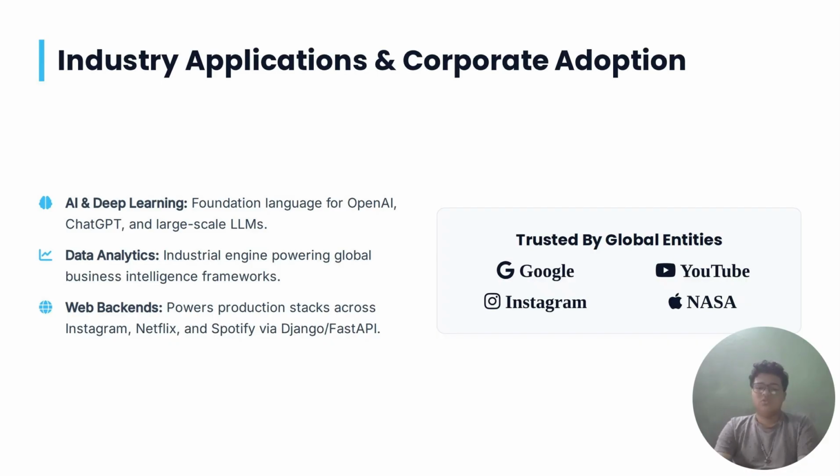Don't get confused. Django and FastAPI are other parts of Python where you'll be learning more about Python and combining Python with other things. You'll be learning about this. Those are the industry applications and corporate adoptions of Python.